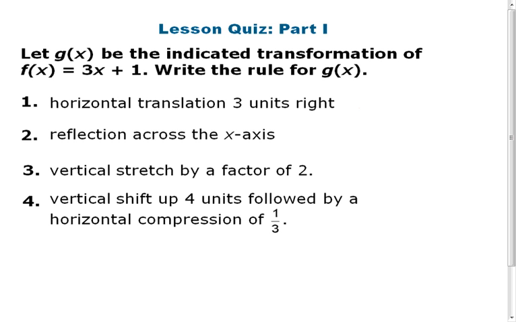So as you're writing these down, see if you can come up with the solutions. You can sketch this out. This is what you should have, given that f of x is 3x plus 1. Horizontal translation 3 units to the right.